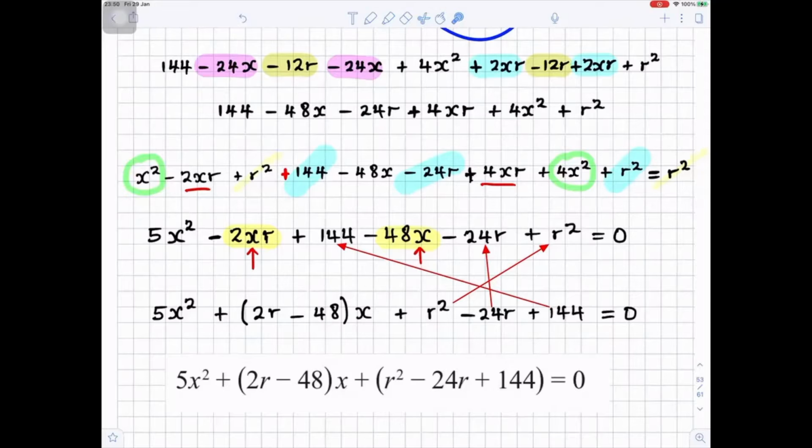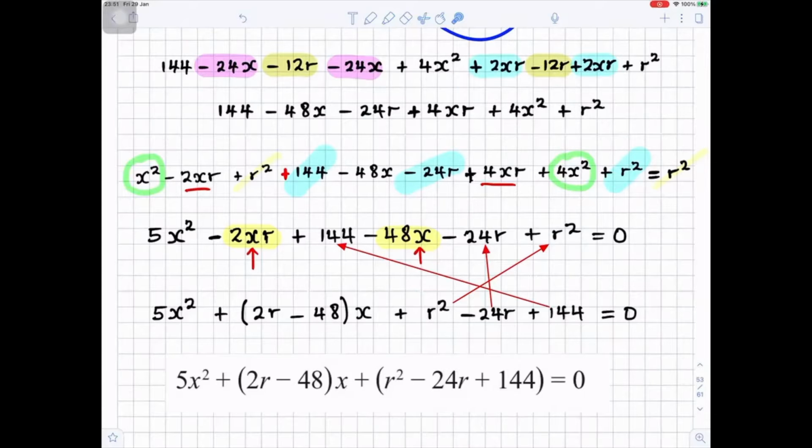That disappears. Now, if we take x squared plus 4x squared, it gives you 5x squared. And 144 stays the same. And minus 24r. Okay, let's look, the minus 24r is there. And minus 2xr plus 4xr gives you 2xr.